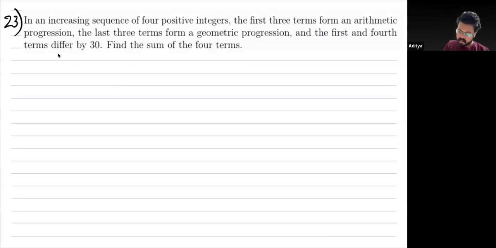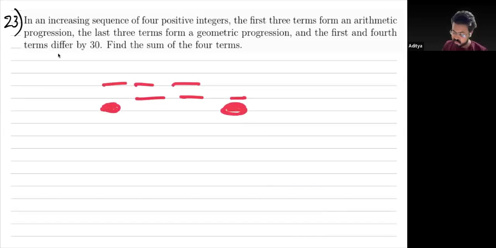So you have 4 terms. The first 3 form an AP, the last 3 form a GP, and the difference between the first and the fourth term is 30.